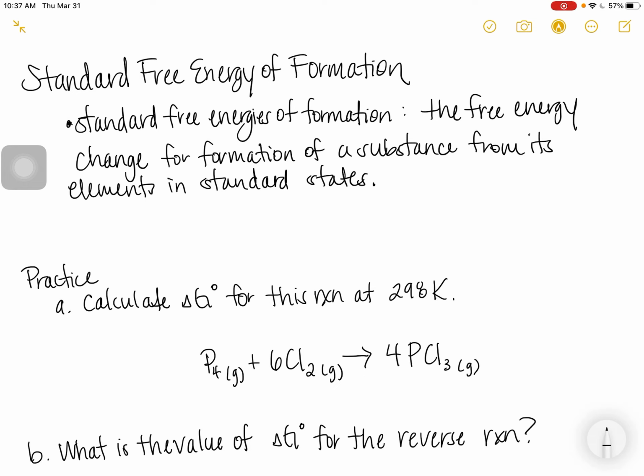That should sound familiar because it sounds very much like delta H of formation. And just like delta H, but unlike delta S, delta G of formation at standard conditions is 0 for elements in diatomics. Remember, delta S is not, because everything has some amount of entropy.